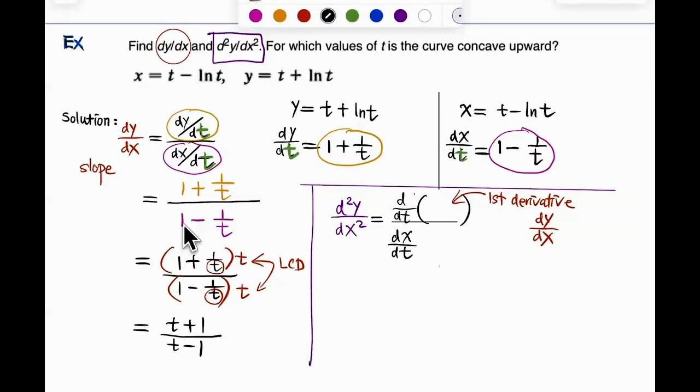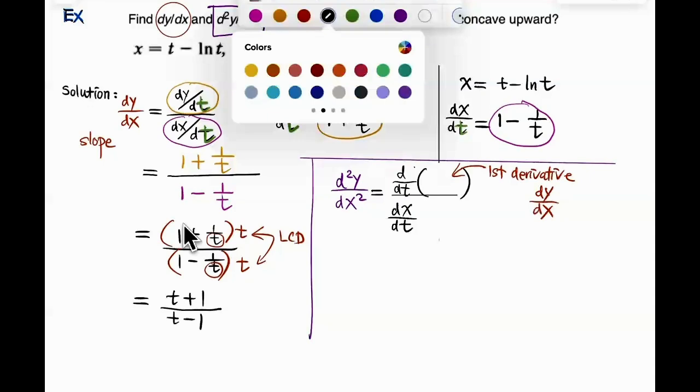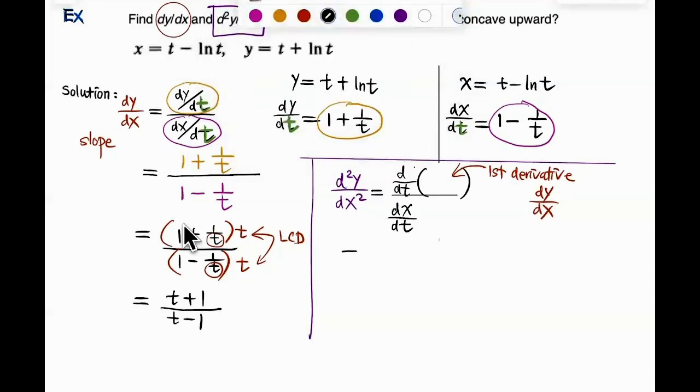All right, so that's equal to, let's put the first derivative in, d/dt. First derivative, we know that it is what? t plus 1 over t minus 1, right?